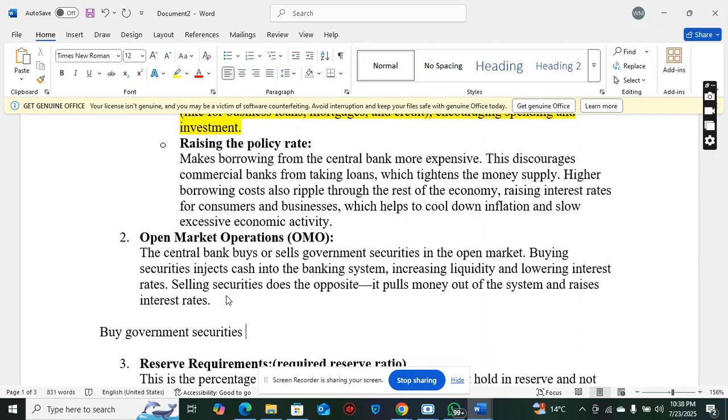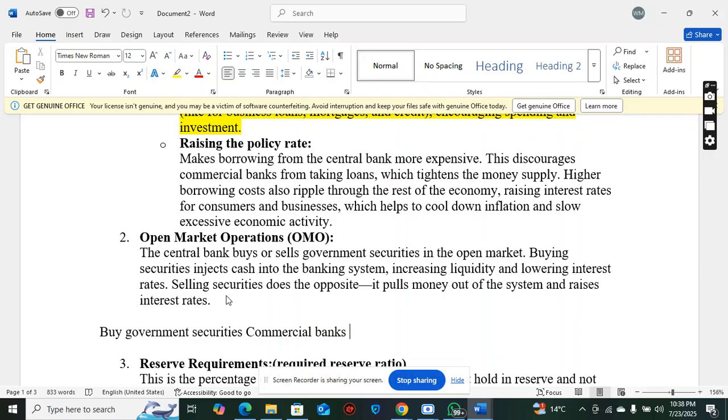Sorry, from commercial banks. When it buys these treasury bills from commercial banks, it's putting money into the commercial banks. The more money is in the commercial banks, now the commercial banks can loan out; they'll be able to loan out more money.